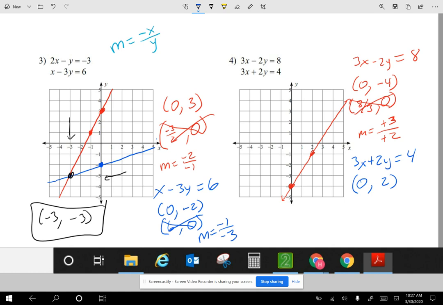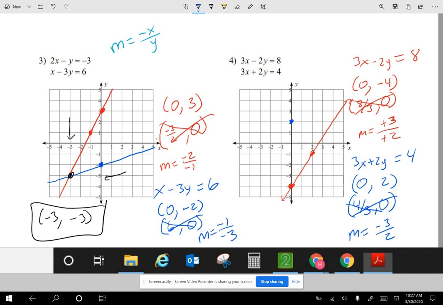I have the equation again. Now I say, well, what if y is equal to 0? I erase the y term. 3x equals 4. Let me divide each side by 3. So x is equal to 4 over 3. This second point I cannot graph. So I'm going to have to use my slope. I have negative 3 over 2. So I have the point 0, 2.